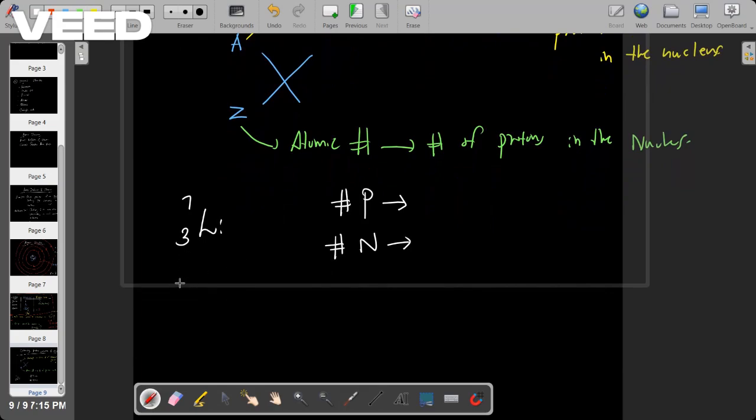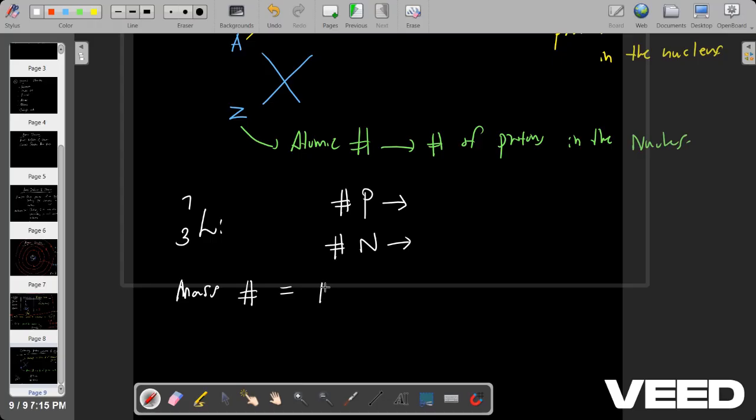So mass number is equal to the number of protons plus the number of neutrons. The mass number over here is 7. The number of protons is equal to the atomic number, right? So the number of protons is 3.